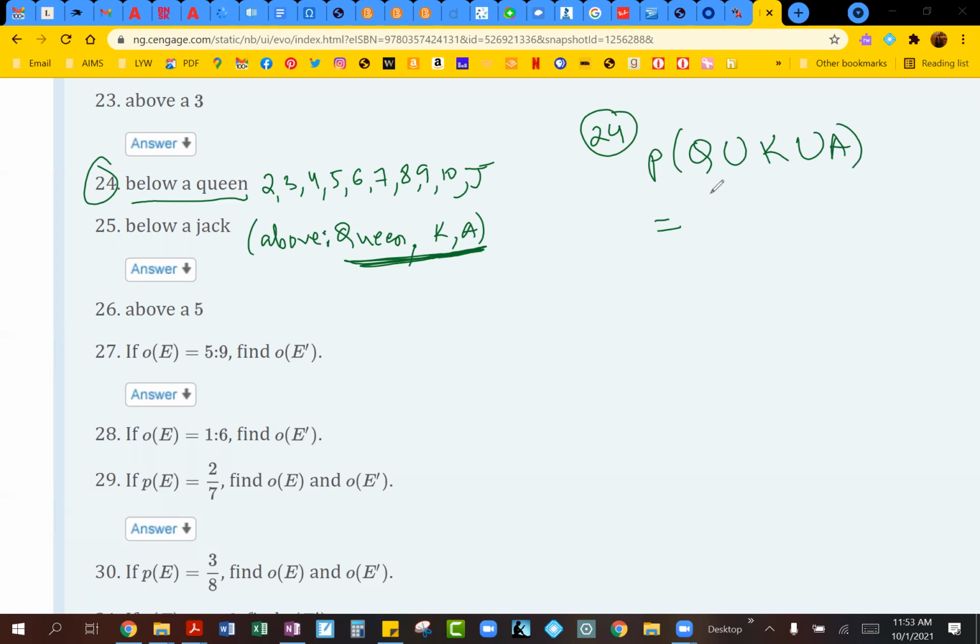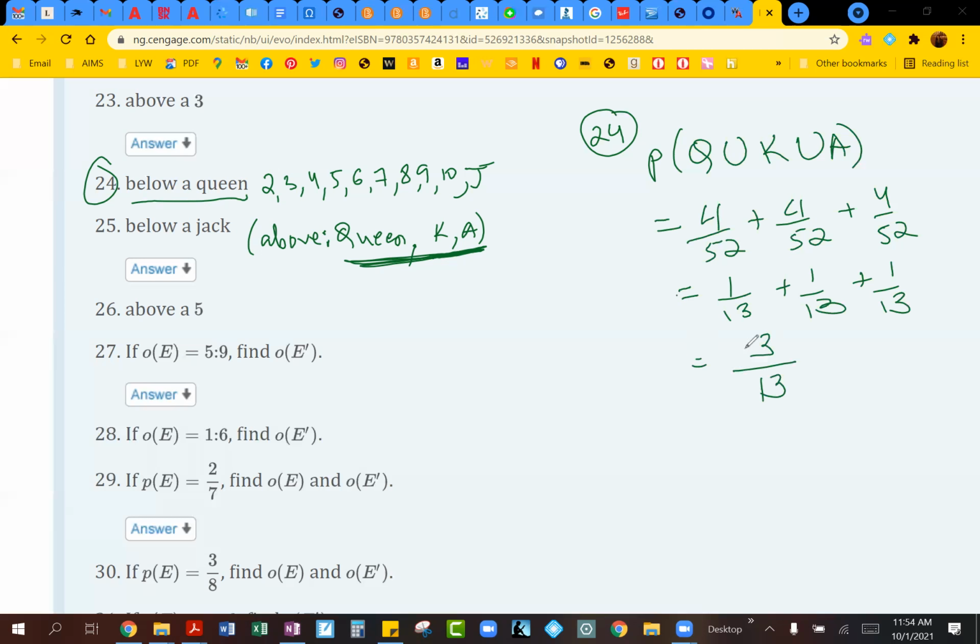which is what we actually calculated, remember, in part 16A, I think that was. So this should be 4 out of 52 for each one of them. And then, of course, reduce those down. You can reduce it down now or later, however you want to do it. But we already know this part of our calculation.